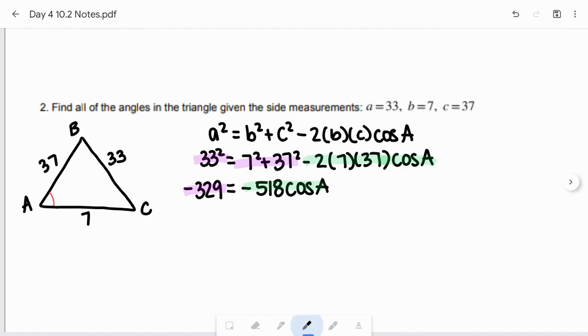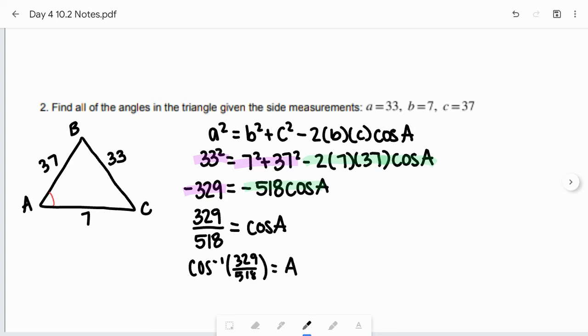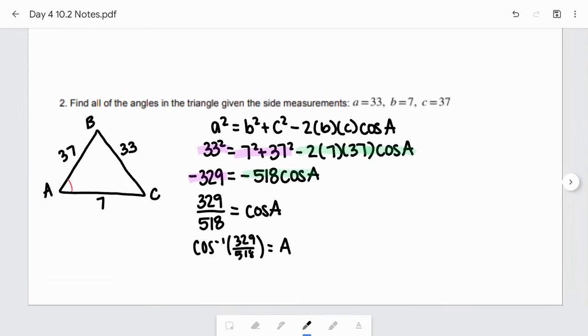Now I would have 329 over 518 is equal to cosine A. To find out angle A, I'm just going to take the inverse. From here, we find out that the measure of angle A is equal to about 50.6 degrees.